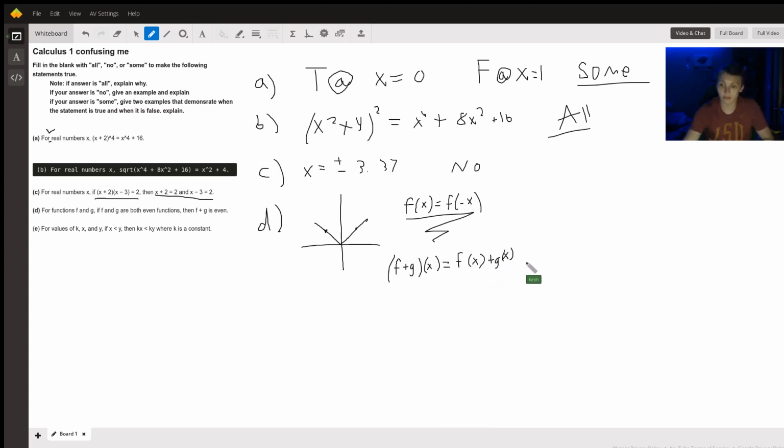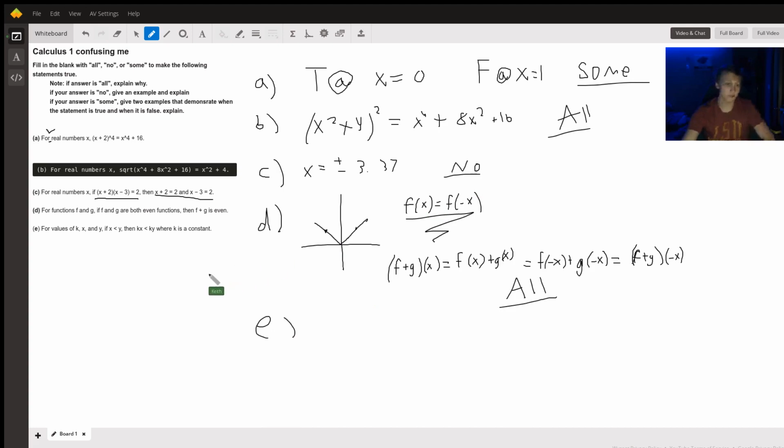And because these are even functions, both of them, we can write these now as f of negative x plus g of negative x. And this can now be rewritten as f plus g of negative x. And now what we've done here is we've shown that f plus g of positive x is equal to f plus g of negative x. So this is true for all real x.